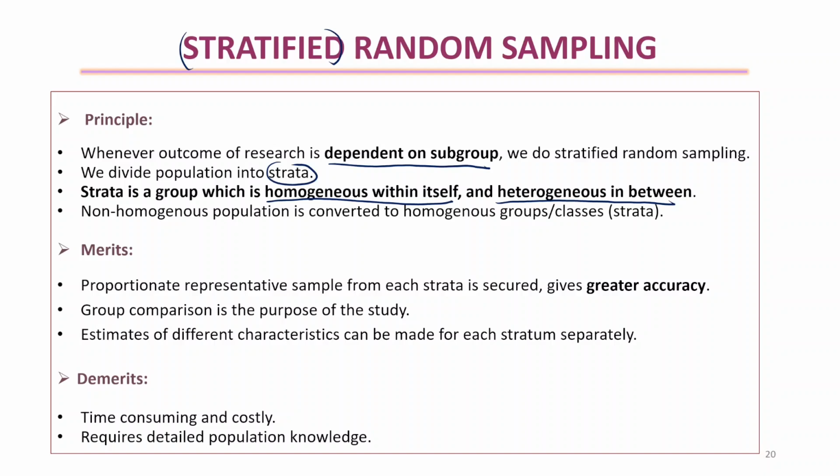The biggest advantage is that every important subgroup gets represented, so this improves the accuracy of the study. There is greater accuracy. Also, group comparison is the purpose of the study. Also, estimates of different characteristics can be made from each stratum separately.